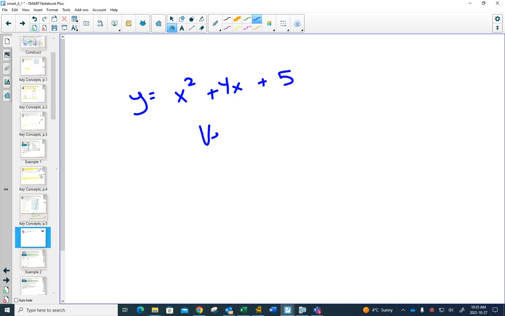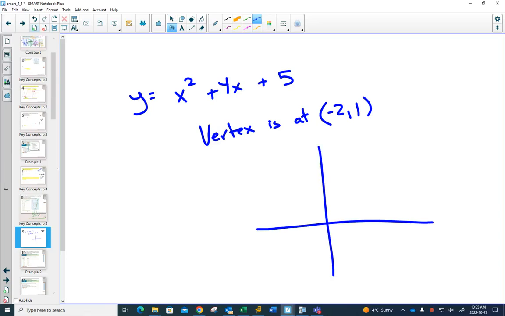And I will tell you the vertex is at -2, 1. I'm not telling you how I figured that out yet. That's a secret. But if I tell you the vertex is at -2, 1, you could draw that. -2, 1.